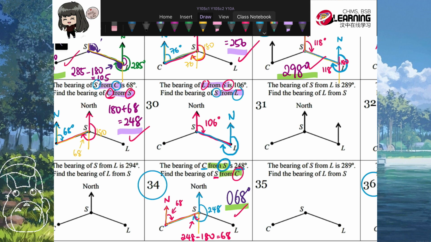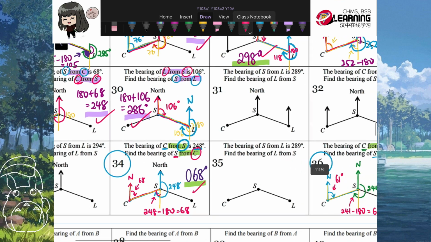To find this, same thing. You see an alternate angle here, 106, and this is 180, so the bearing is 180 plus 106, so it's 286 degrees. Take this answer. Okay, question 31.